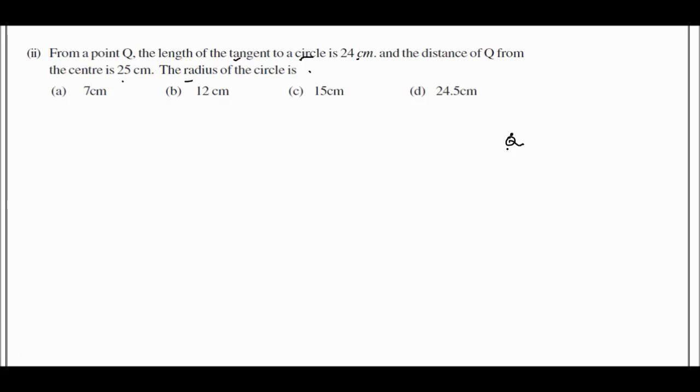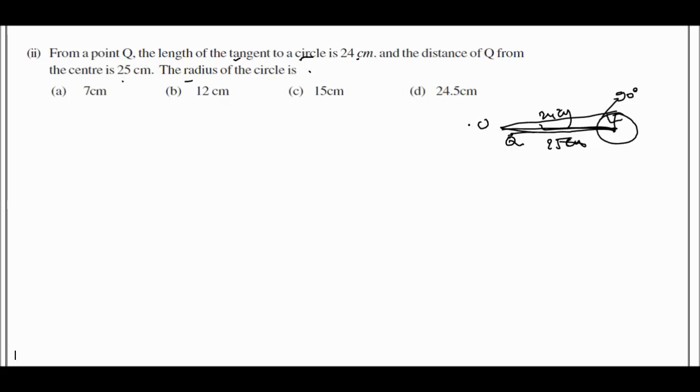The circle is like this, and here this is 90 degrees, this is 24 centimeters, and this is 25 centimeters. So point Q is 25 centimeters away from the center.